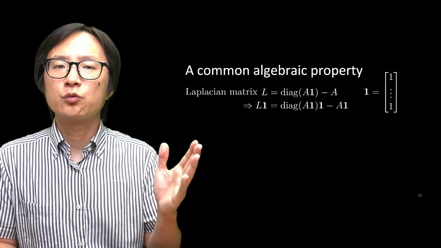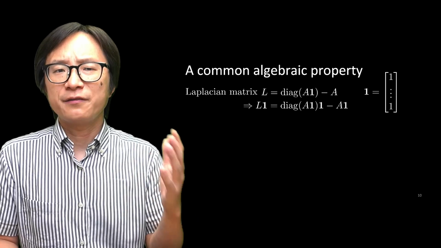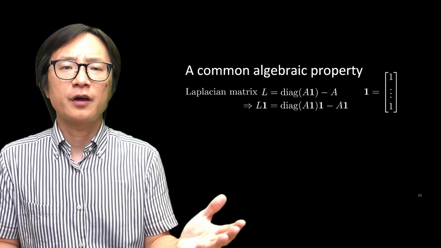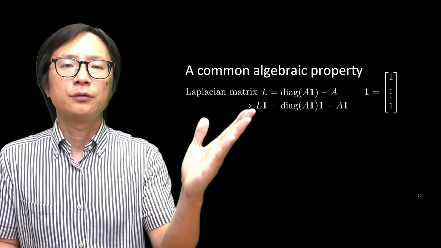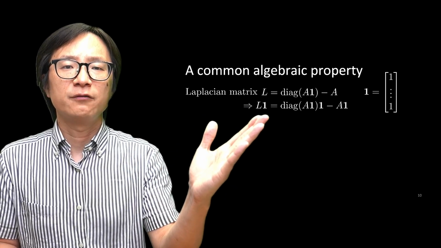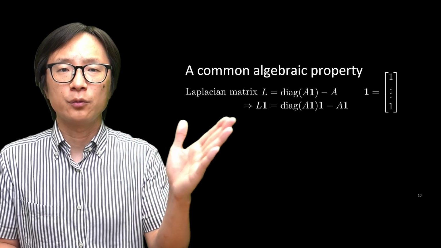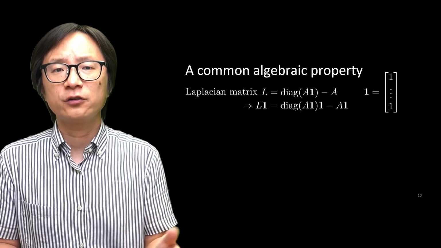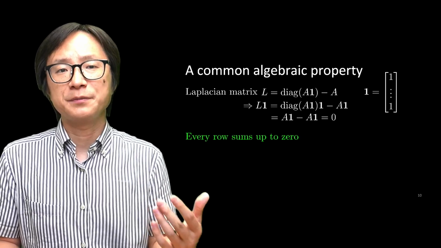Now, if we look at the rows of the Laplacian matrix, we can see by definition that the row sum, if we multiply the matrix L with the vector 1, this 1 is the vector of all ones, so we are doing the row sum. The row sum, by definition, is 0. Every row sums up to 0.